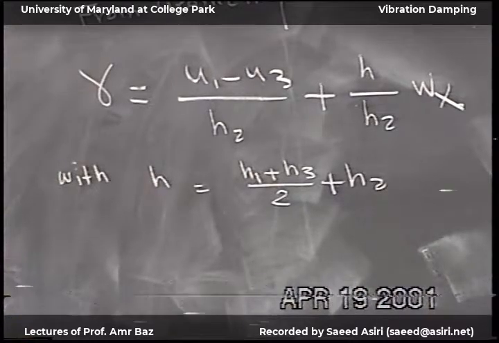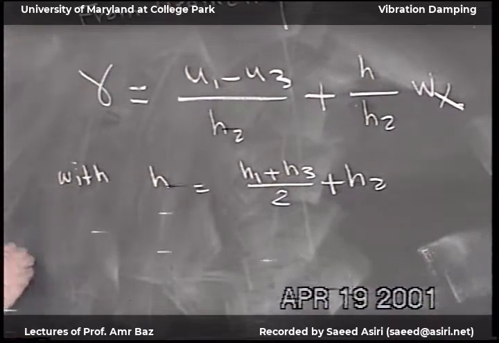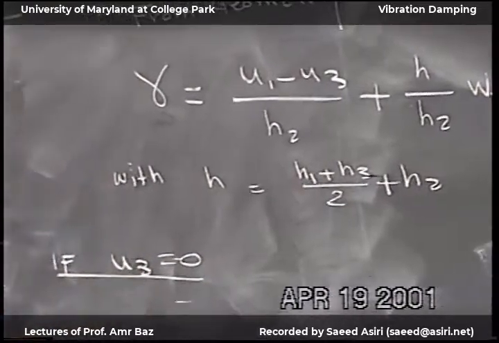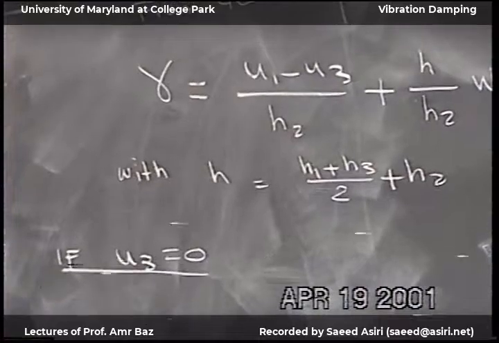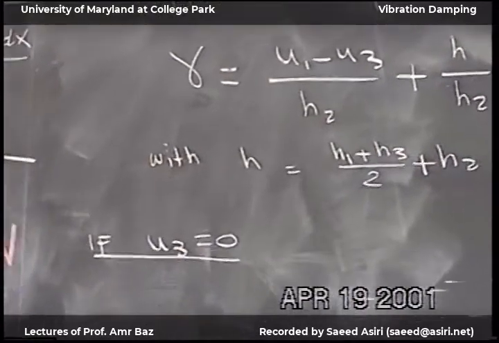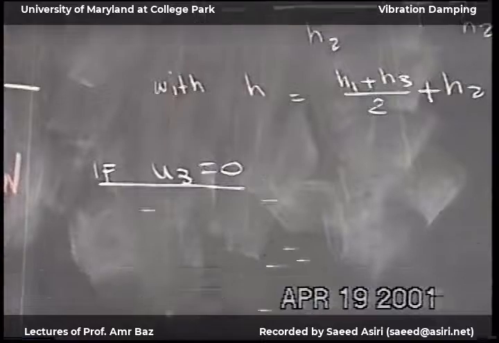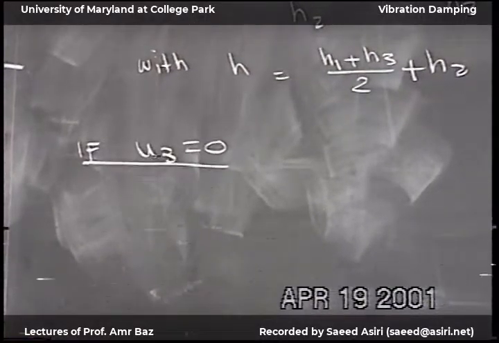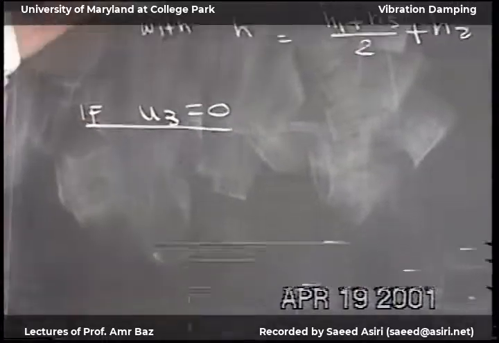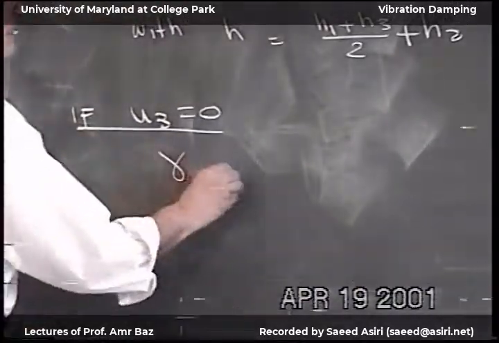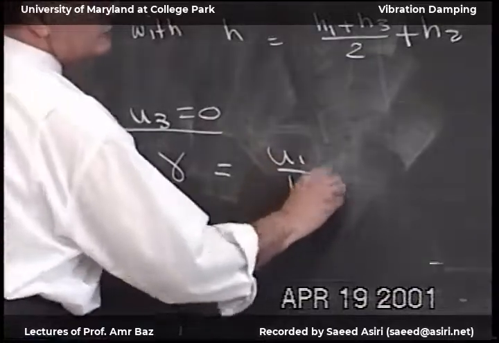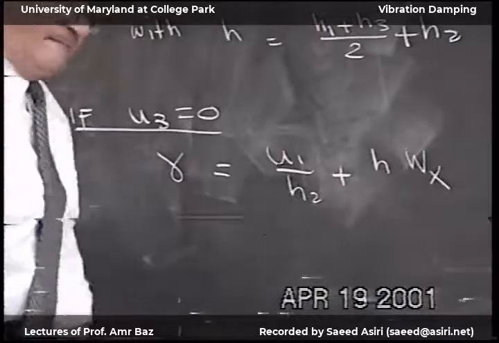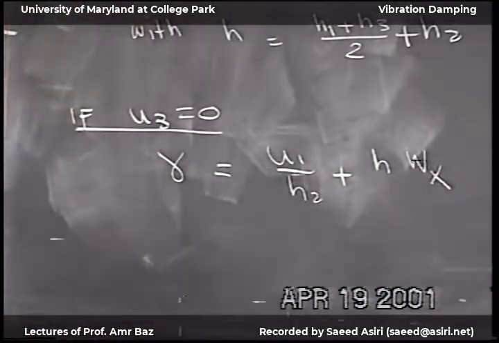And we started looking at the first case, if U3 is equal to 0. So if the base structure is very big, it will not elastically deform in the longitudinal direction, but it will move in the transverse direction. This is very thin, so it will have longitudinal as well as bending. So if this is the case, then this term will drop out, and then gamma will equal U1 over H2, plus H over H2, W_x.